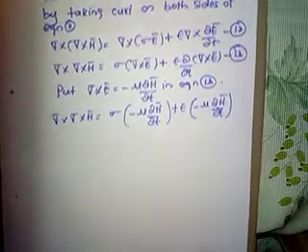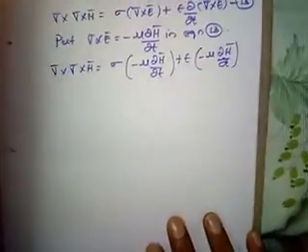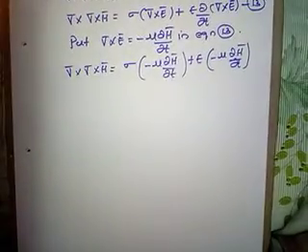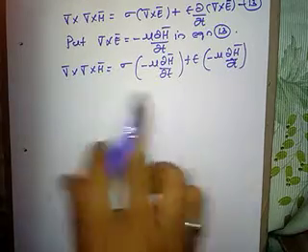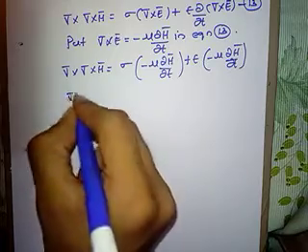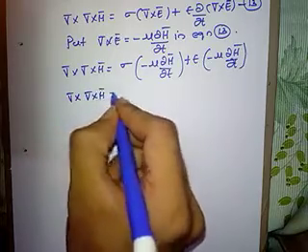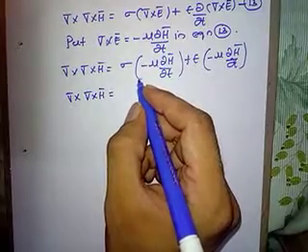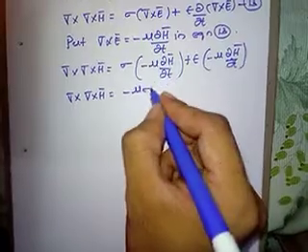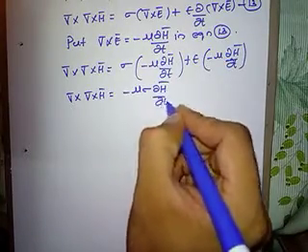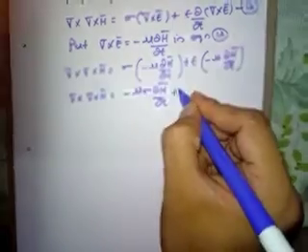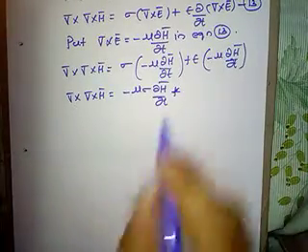So what we have here, students, is an equation for del cross H bar. Simplifying further, del cross H bar is equal to minus mu sigma dou H bar by dou t, minus mu epsilon dou square H bar by dou t square, because plus into minus is minus.